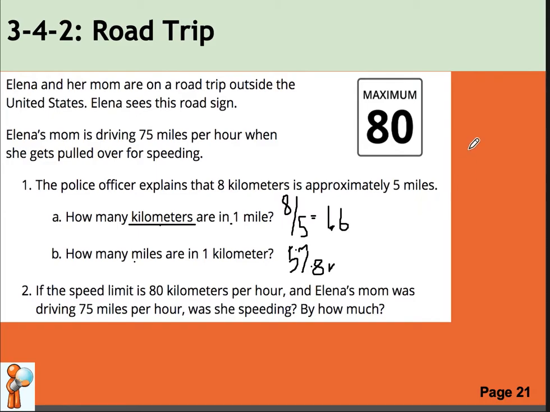When you're trying to figure out how many of one thing, such as kilometers, are inside of a mile, you put that number on top. What's inside is going on top. So how many miles are in a kilometer? That's when our miles go on top of our kilometers. Whatever we're trying to find out, the how many is going on top in this situation.